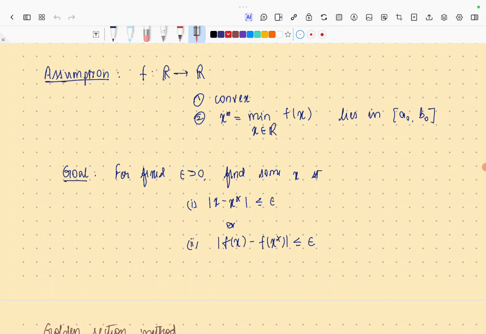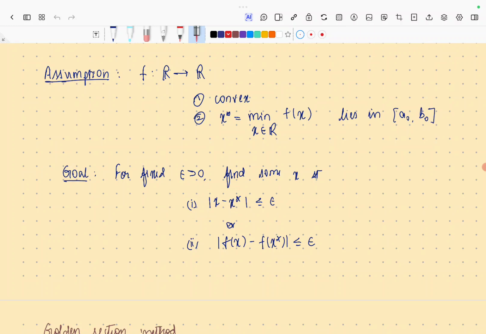Okay. Note that if there's no further assumption on the function itself, then these two conditions need not even be comparable. All right. But for the most part, at least for this particular class, we will look for some point that is epsilon close to the minimizer.